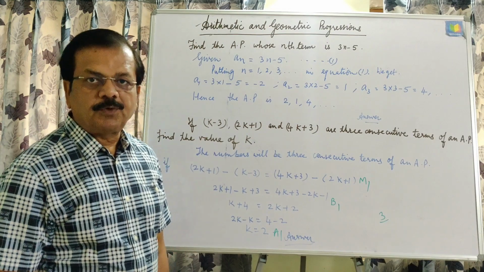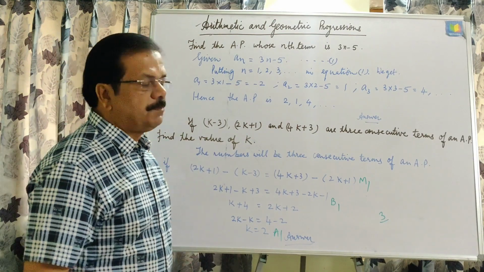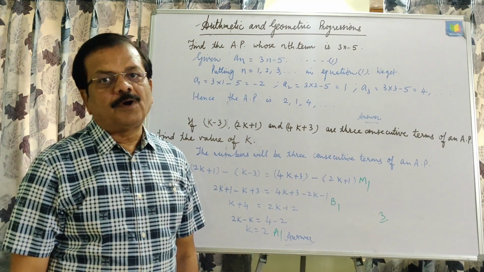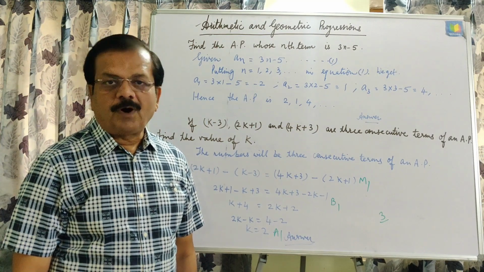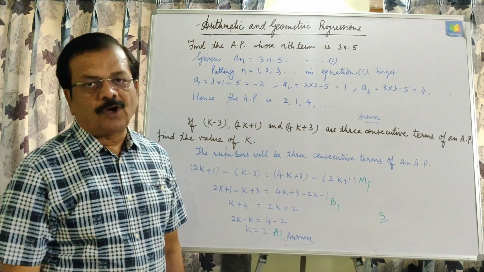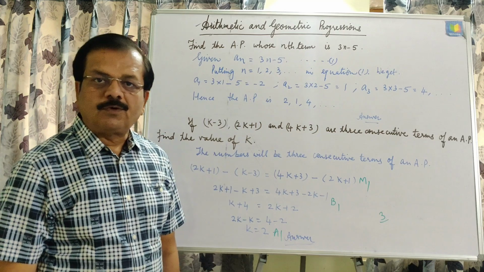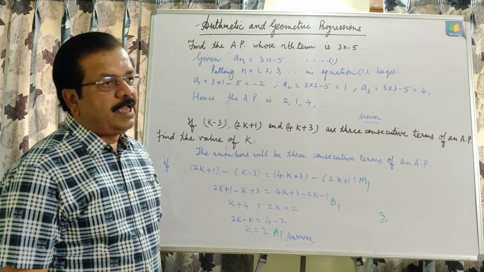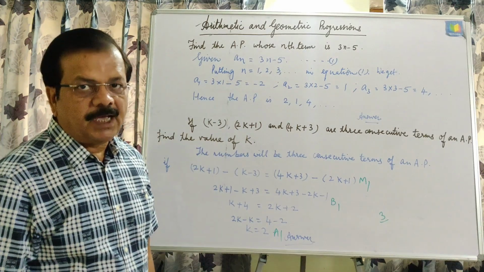And the summation up to n terms in case of geometric progression is equal to a (r to the power n minus 1) upon (r minus 1), with the condition that r should not be equal to 1, because in that case the denominator will be 0 and the value cannot be determined.